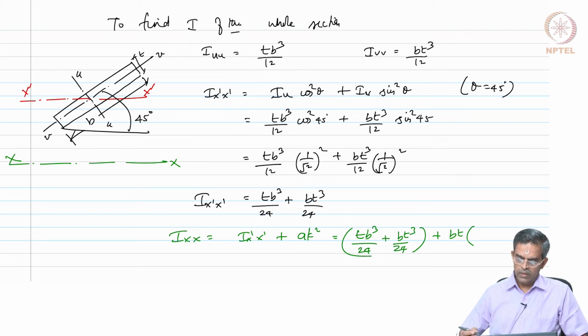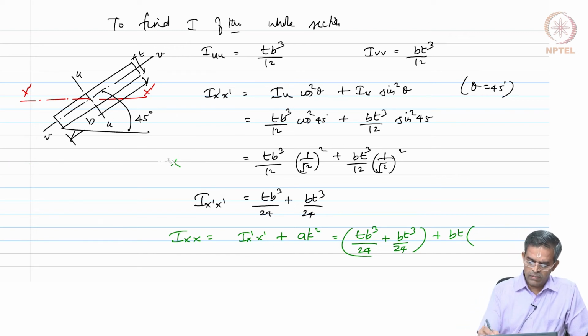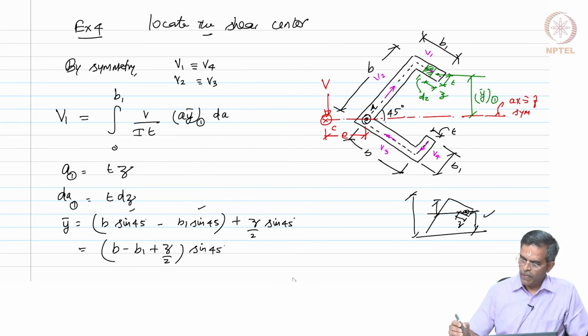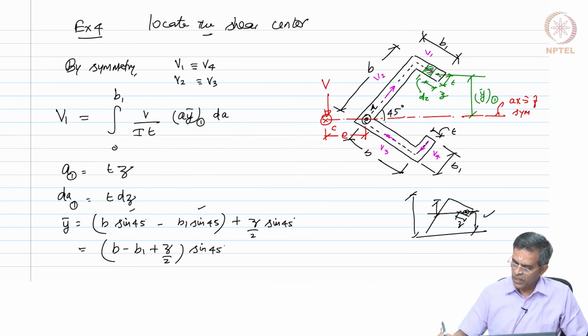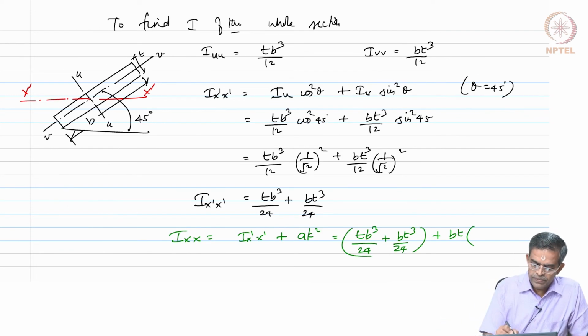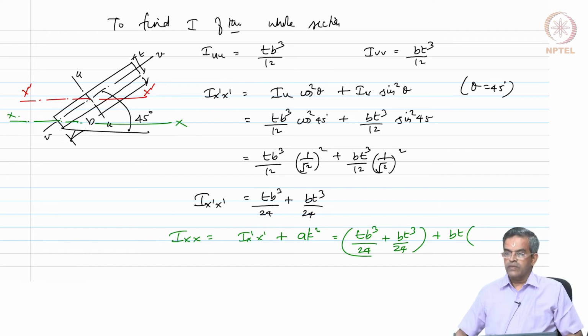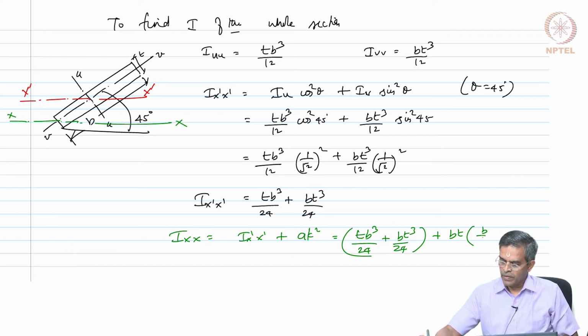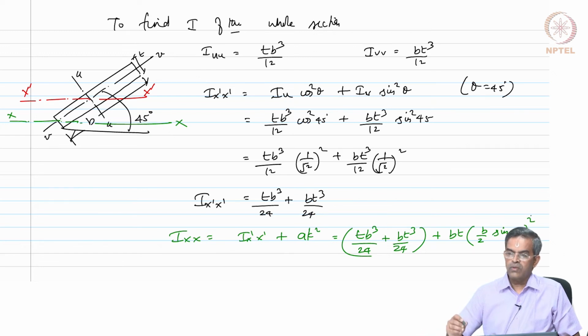Okay. You know, XX axis actually not here, we should mark it here. Look at this figure, X axis is the tip. Okay, let us mark it here. XX. So, which will be B by 2 sin 45 the whole square. Okay.